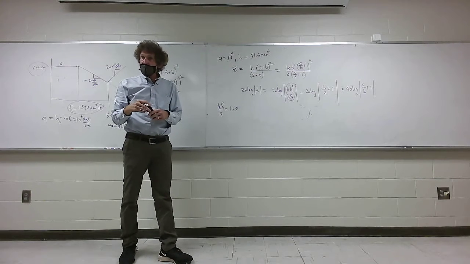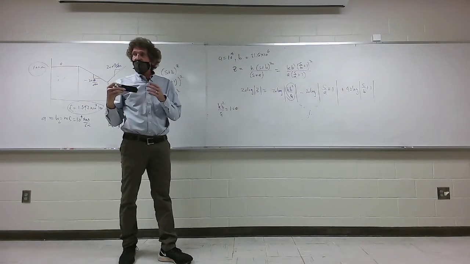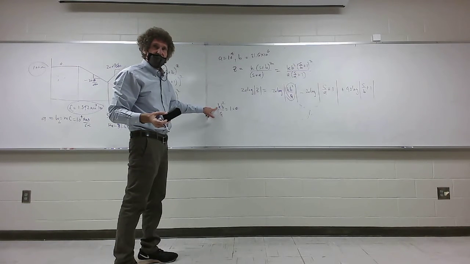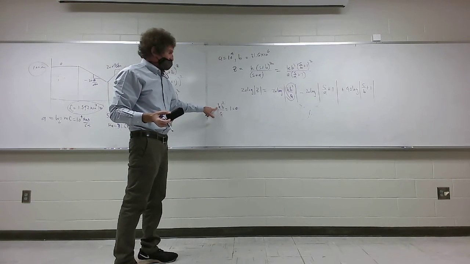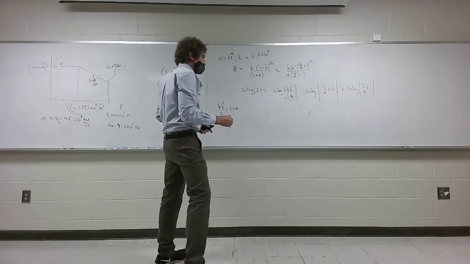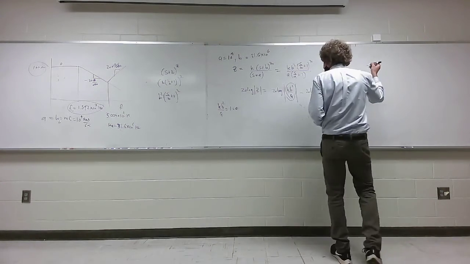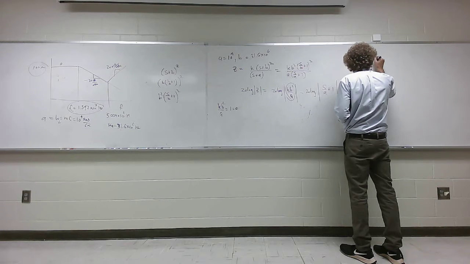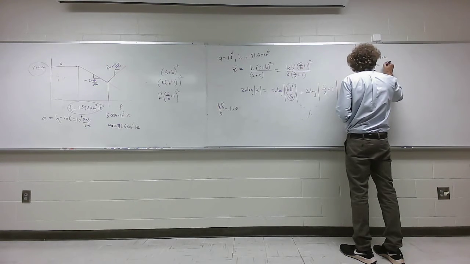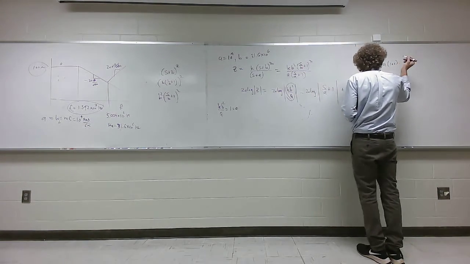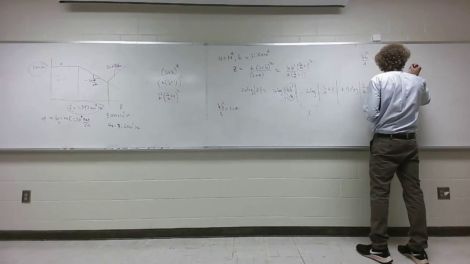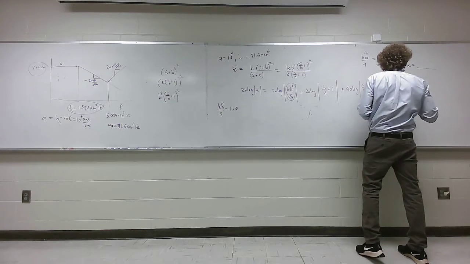Y'all follow me on this? So what does that do? It allows us to get the actual value of K for this function. I had K times B squared over A equals 100, so A times 100 over B squared is equal to K, and that equals what?